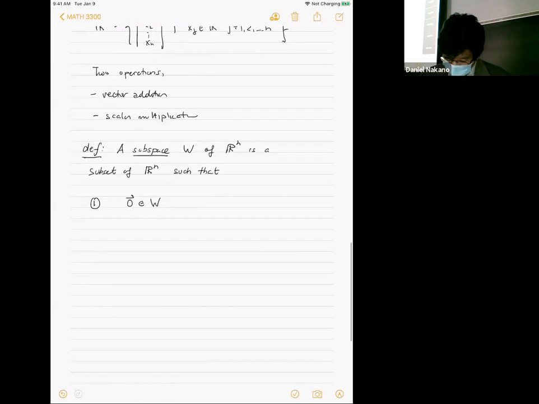Second, I put up two operations over here, vector addition and scalar multiplication. So if I take one vector in W and another vector in W, their sum has to be in W too. So if U and V are vectors in W, then their sum has to be in W also.